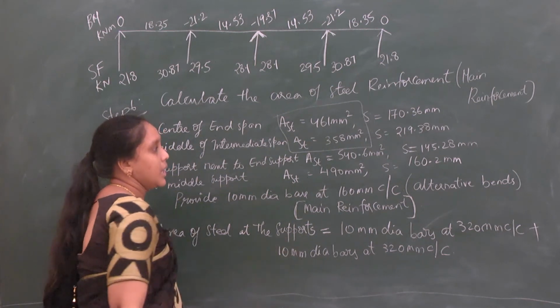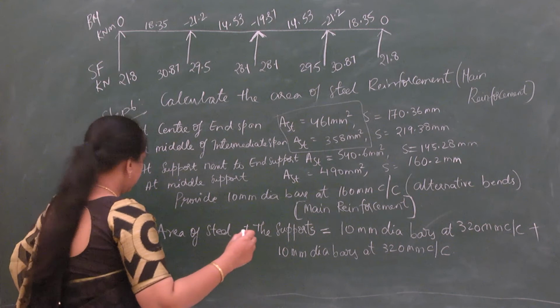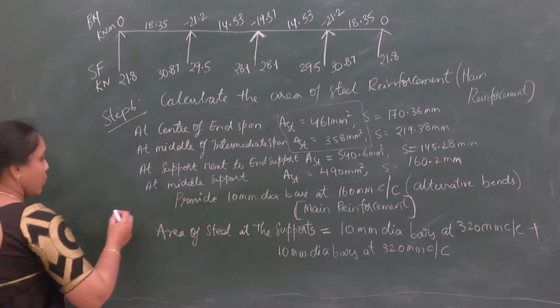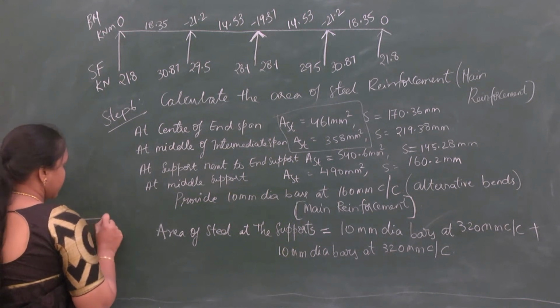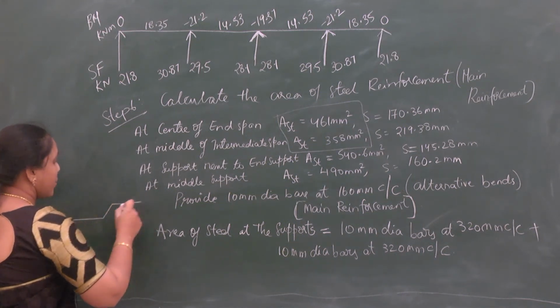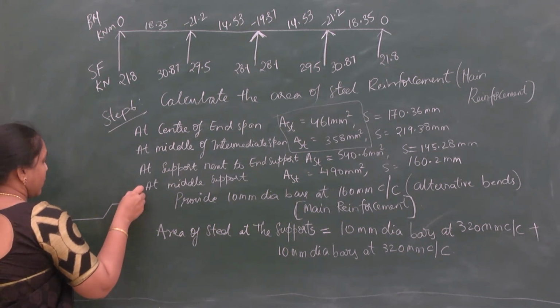So why 320 mm and why not 160 mm? Suppose we have provided the cranked bars like this.